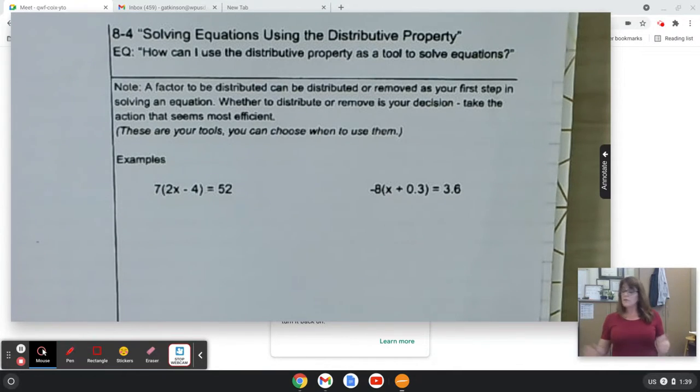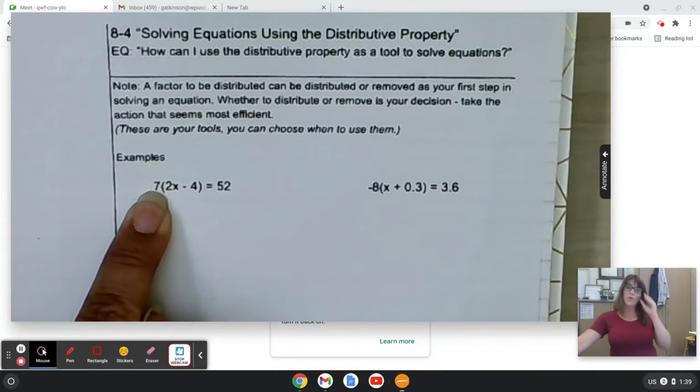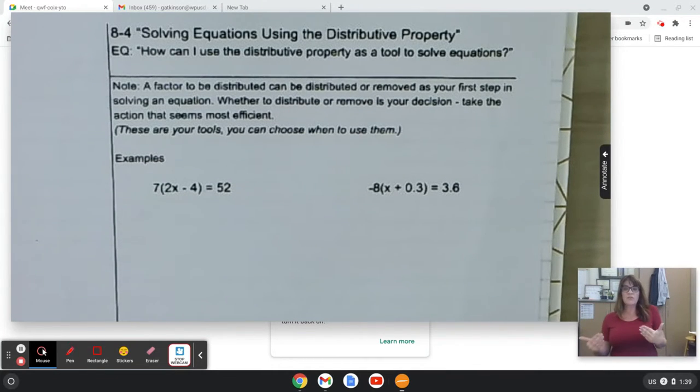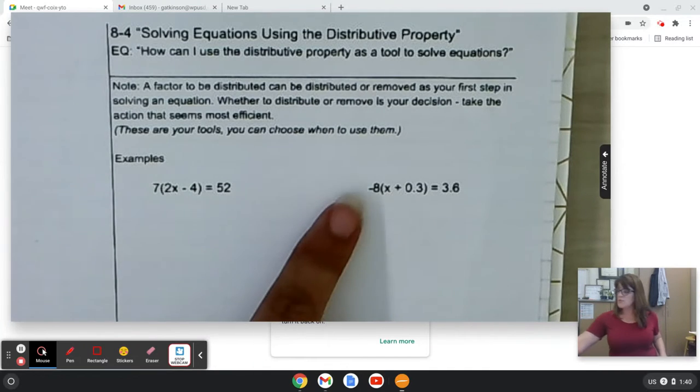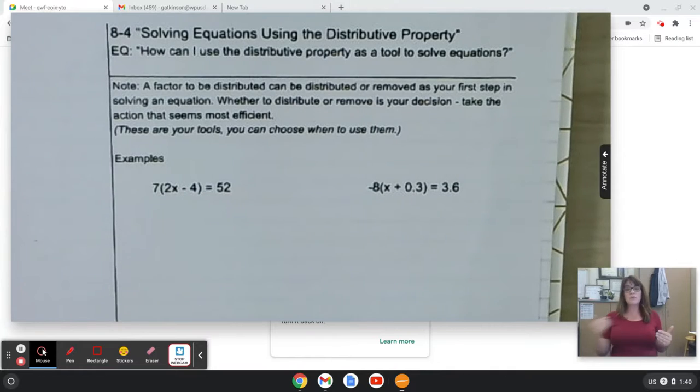Sometimes the fact that this is already separated could make things easier for you down the road. So I'm going to show you two examples. One is I'm going to distribute first. One is I'm going to use the fact that I have a distributed factor already to simplify my equation in a different way. The truth is, if you're not sure, just distribute and do it.